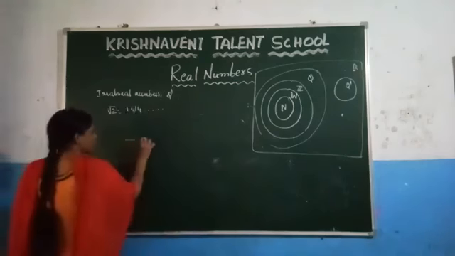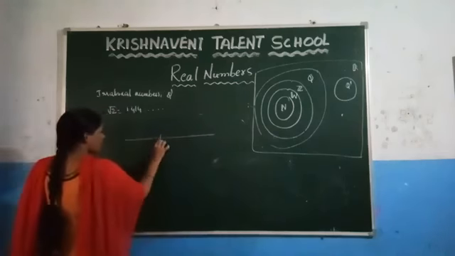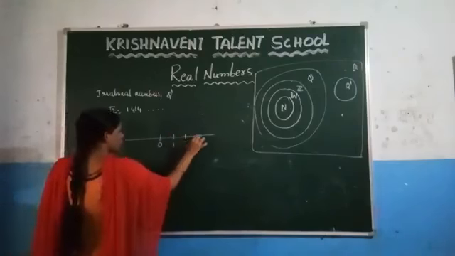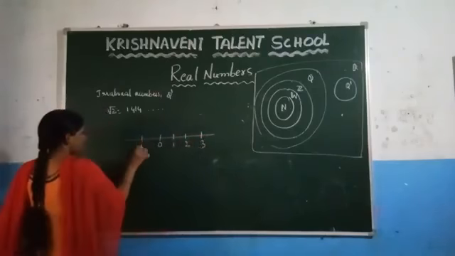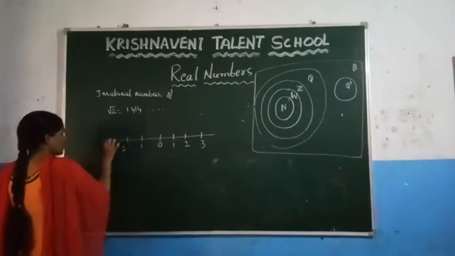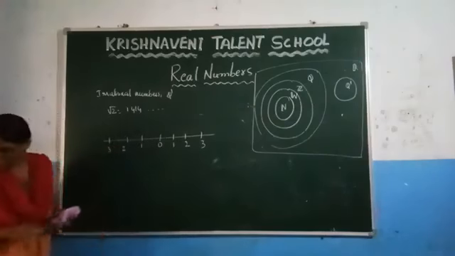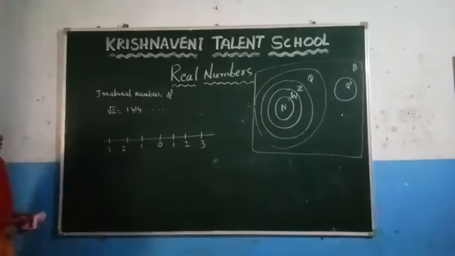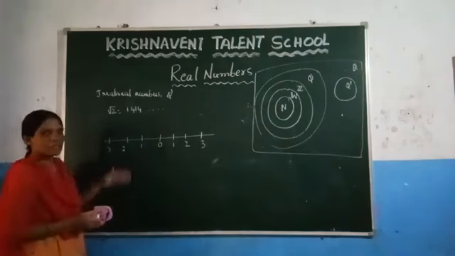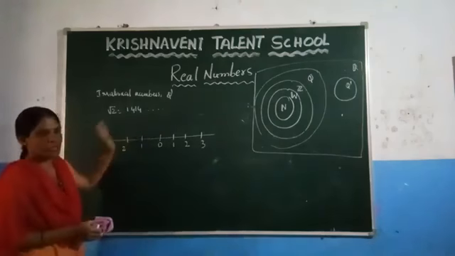Now if you want to represent this on a number line, let us draw the number line first and keep the points as 0, 1, 2, 3, and here 1, 2, 3. Now if you want to represent root 2 on a number line, you need to know about the Pythagoras theorem.